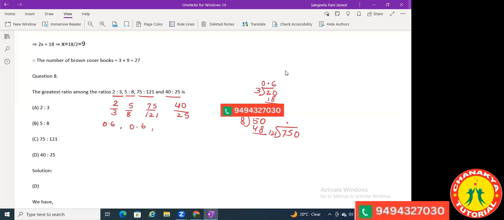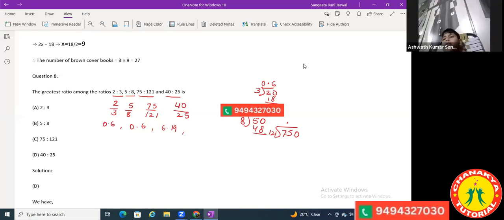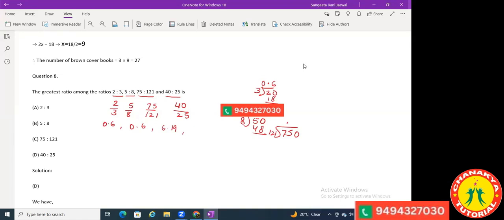So this is coming out to be 6.19. This fraction is coming to be 6.19. And if I have to find the other fraction, that is 40 divided by 25. I'm just telling you how to divide this.